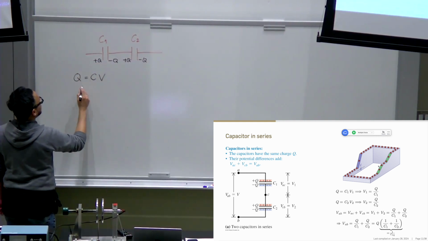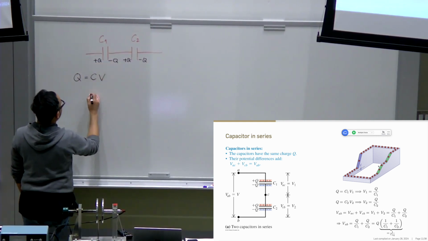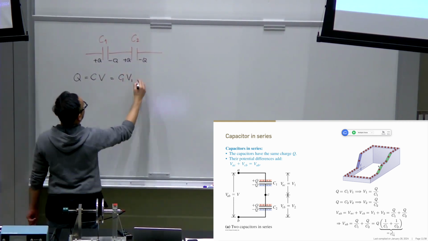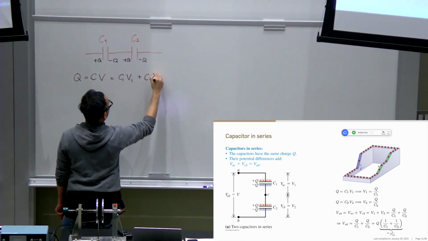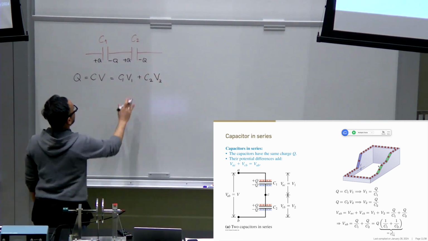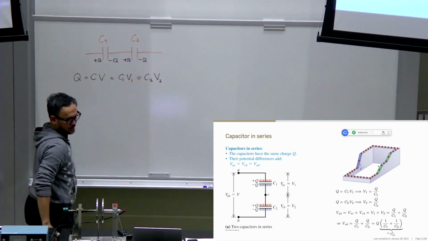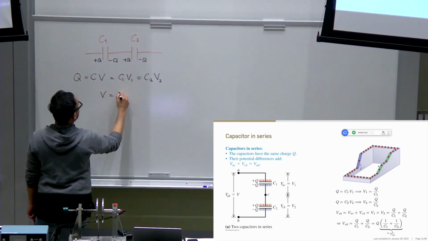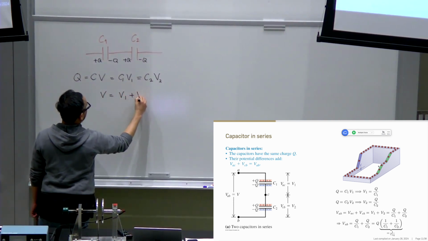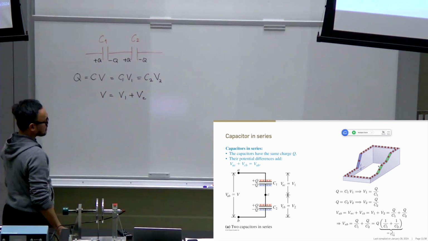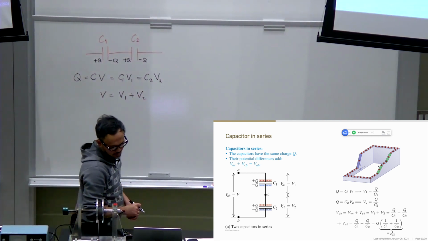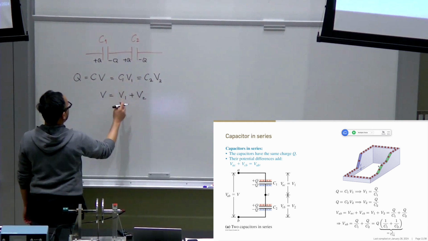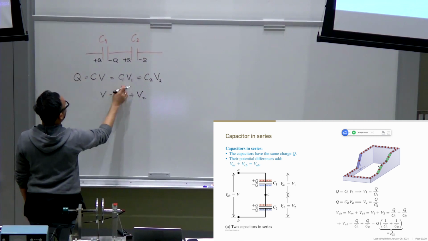Okay. So let's return to this derivation. Q1 is equal to Q2, so Q is equal to C1 times V1, and equal to C2 times V2. But V is equal to V1 plus V2. And V1 is equal to Q divided by C1.